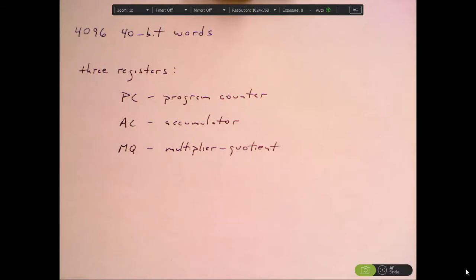It had an accumulator register, which was the primary register, and then for multiply and divide instructions, it had a second register, the MQ register, which you could use to capture the full 80-bit output of a multiply, or you could capture the division result as well as the remainder through the accumulator and the MQ register.